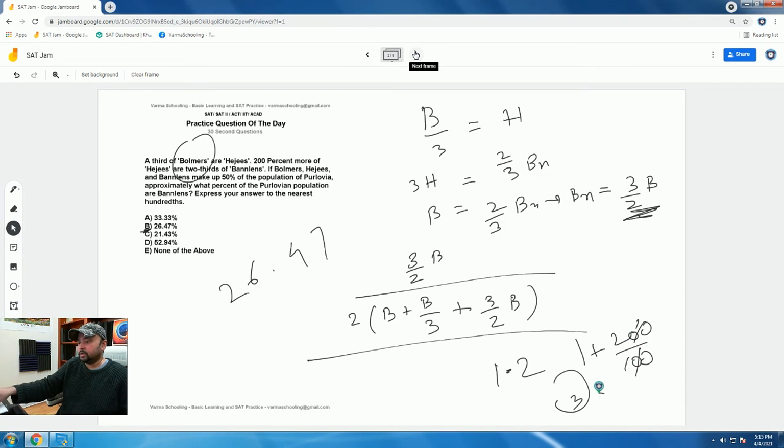So 200% more is not 2 times h. It's a common mistake, and SAT and a lot of other tests, especially banking tests, will test you on something like 200% more return on investment. They don't mean 200% of the initial, they actually mean 200% more, the delta.